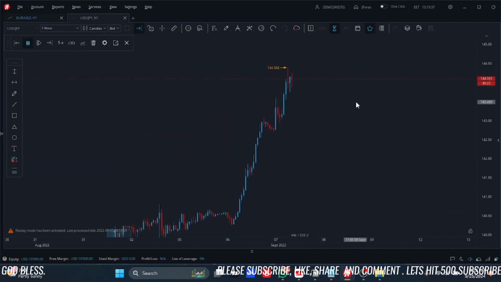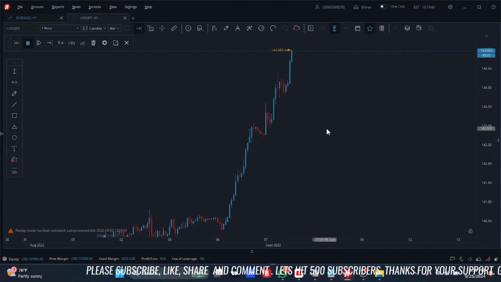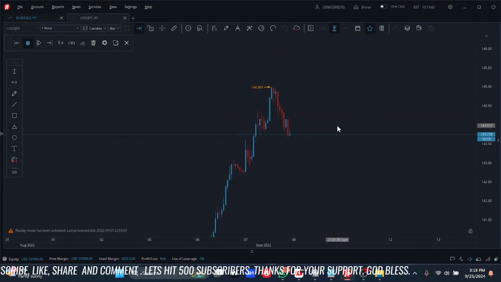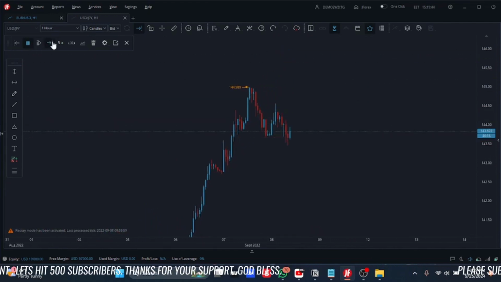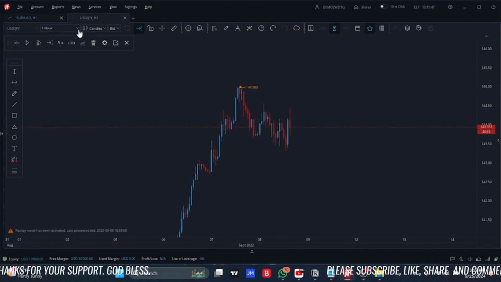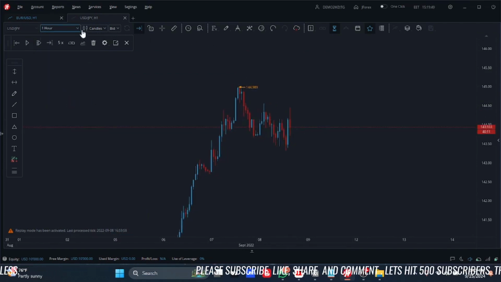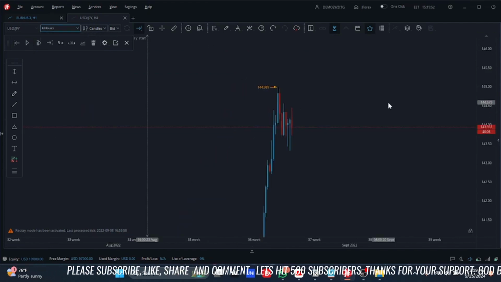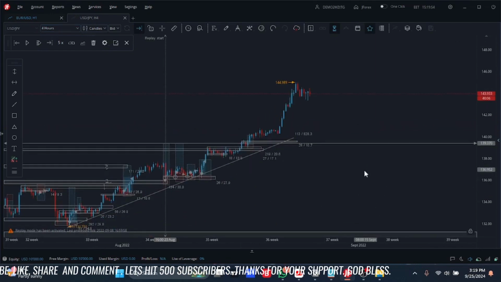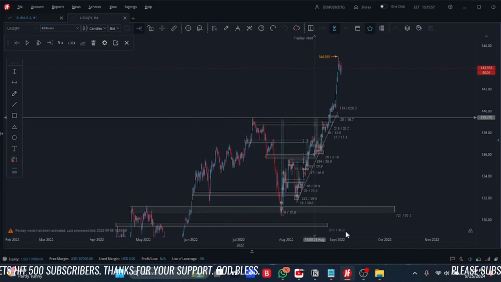The price is just going up, just going down. So we are going to be patient in this scenario. Okay, patience is key in forex.